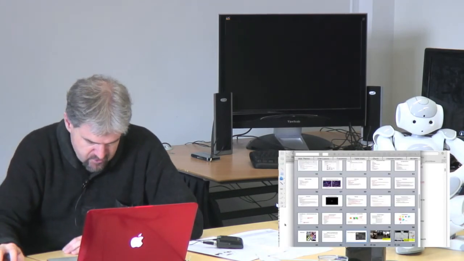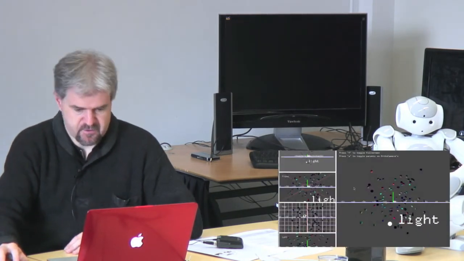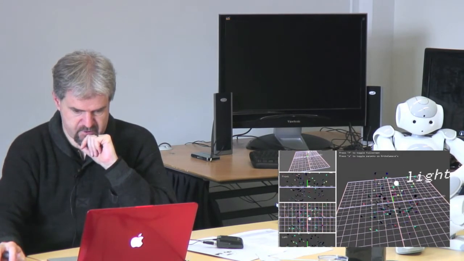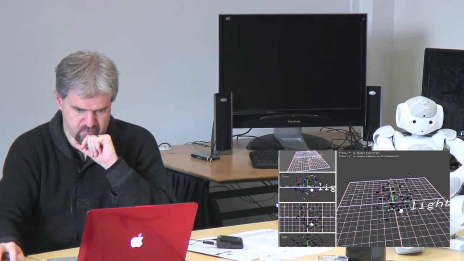Let me see if I can get this running also. It's the advanced 3D example. In this case, it loads up a scene with a lot of balls moving around.